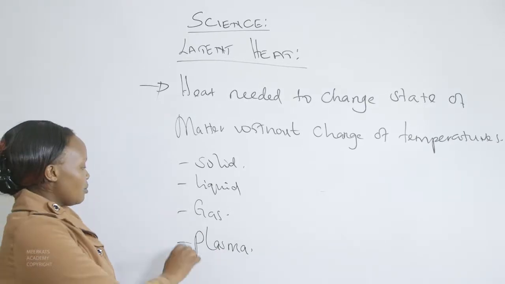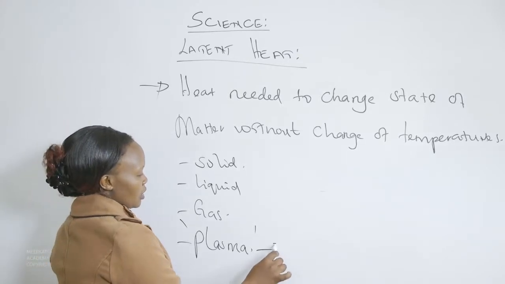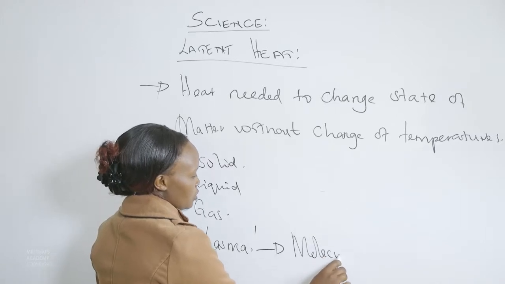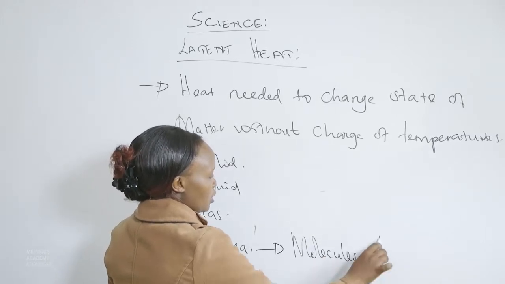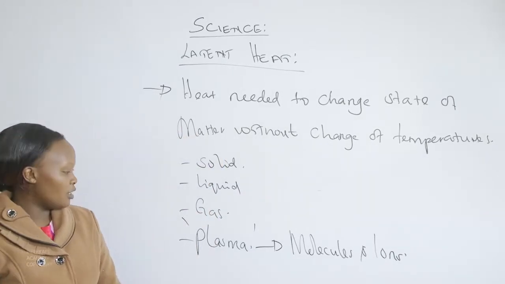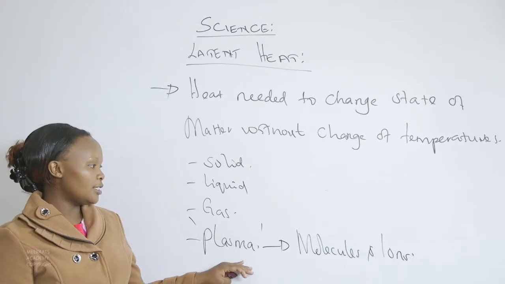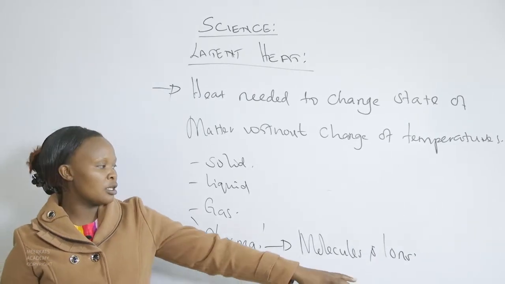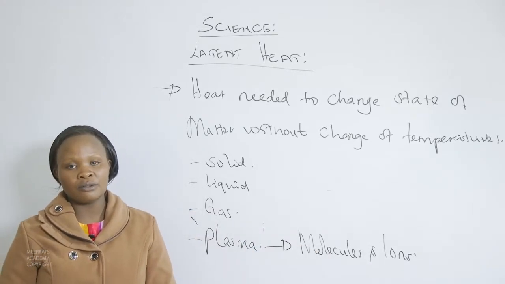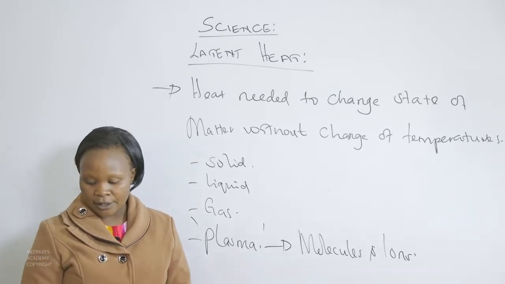Plasma is a substate of matter where molecules and ions exist. You can heat a gas so that some molecules will be ionized, and we can have a state where we have a mixture of molecules as well as ions.